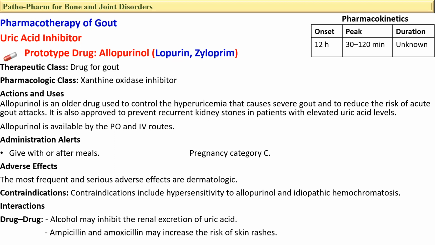The drug may also be used prophylactically to reduce the severity of uric acid elevation associated with antineoplastic and radiation therapies. Chemo, radiation.